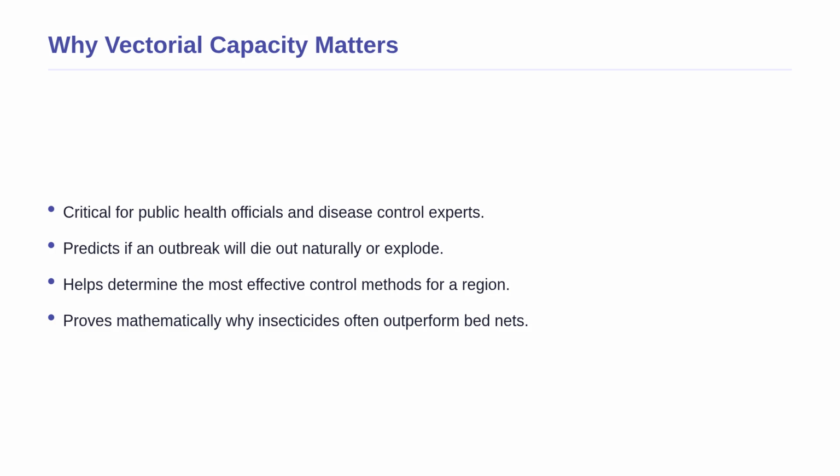This number tells us whether a small outbreak will naturally die out on its own or explode into a massive, uncontrollable epidemic. Furthermore, it helps us decide exactly which control methods will be the most effective for a specific region. For example, it shows us mathematically why handing out bed nets might be good, but spraying insecticides to shorten the mosquito's lifespan is often vastly superior.